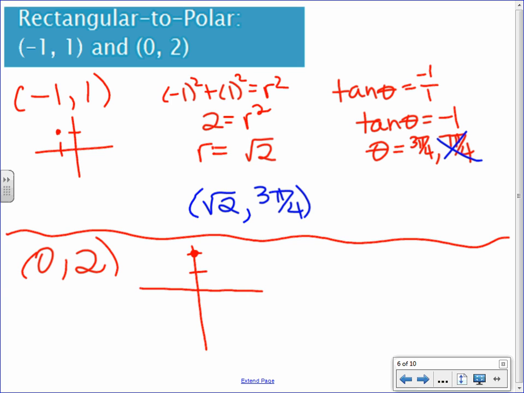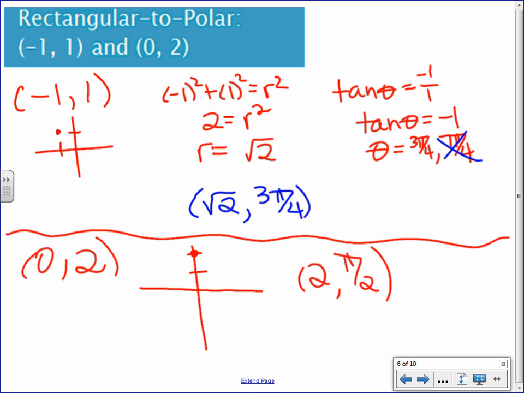What's the distance to the pole? 2. How far did we rotate to get there? If it's on an axis, you don't necessarily need to do the conversions unless you absolutely want. But the picture is fine. Okay. Alright, how are we feeling?